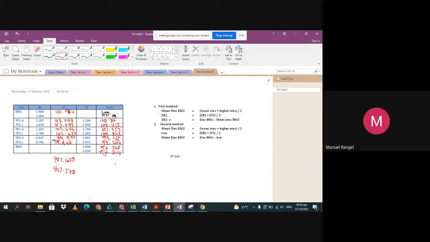Then for the FS: 1.104 plus 1.794 plus 2.991 plus 2.634 is 8.523. Then next: 1.549 plus 2.202 plus 3.415 plus 2.634 is 9.8.